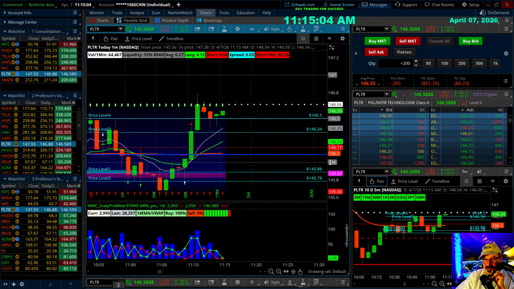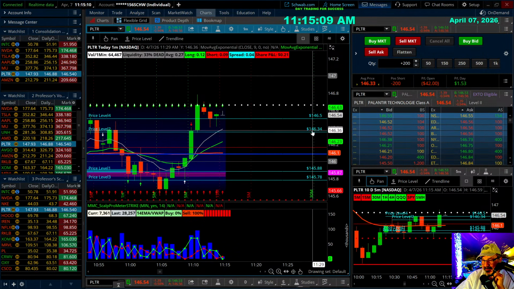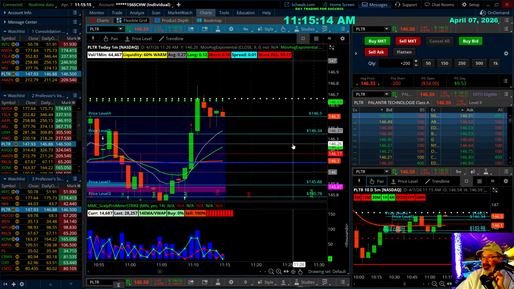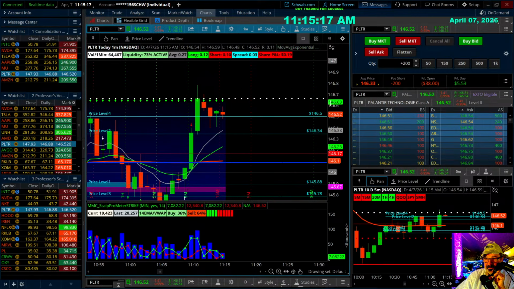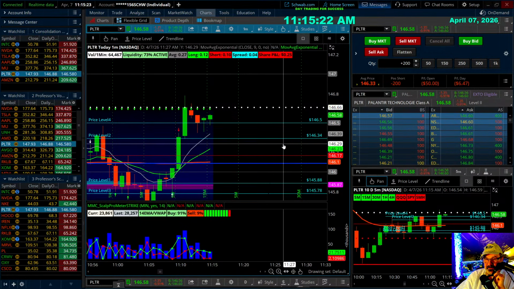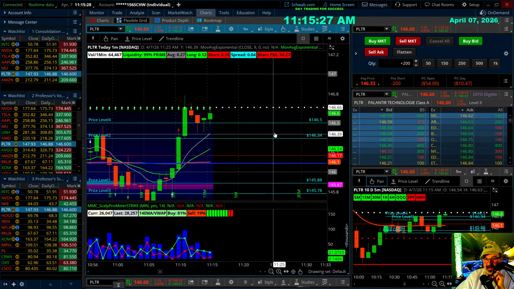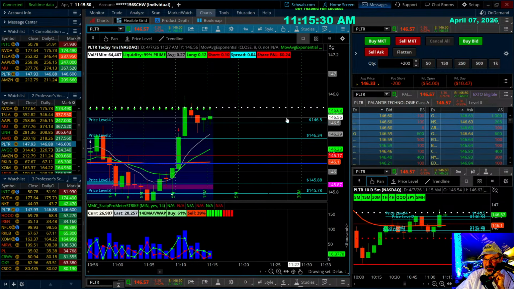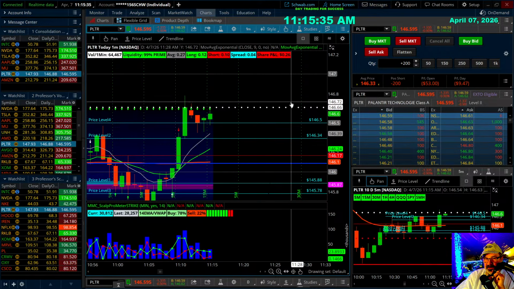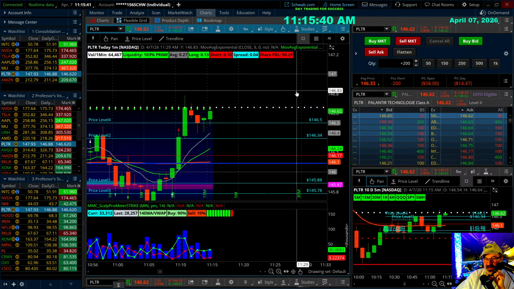Reversal sign, unfortunately, and a potential 1 minute bull flag. Not what I want to see. We'd like this candle to be red now. 30 seconds for this to turn around for me. Oh, no. It's going to be bad news if that doesn't turn red. 20 seconds for that to turn red.